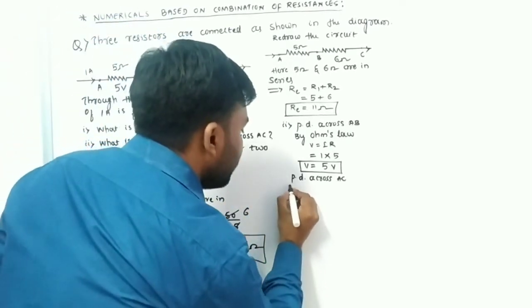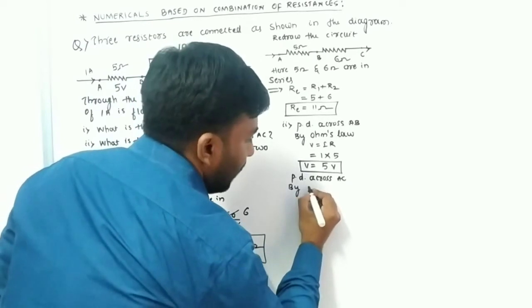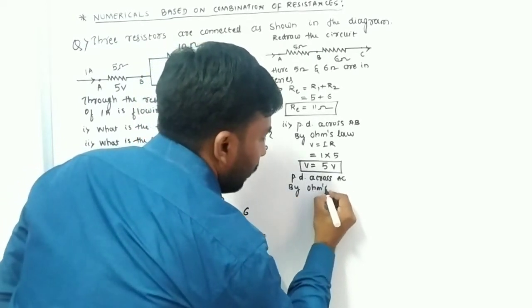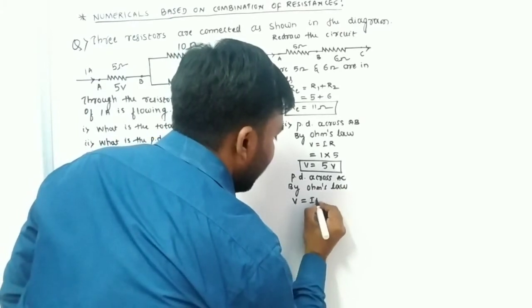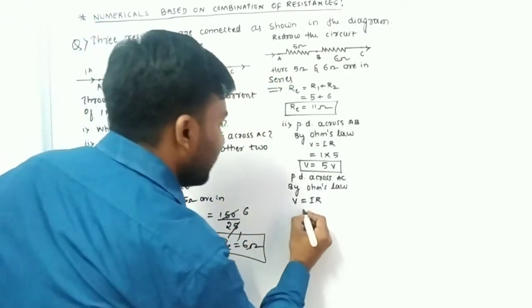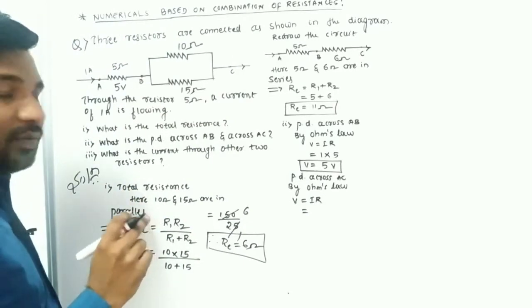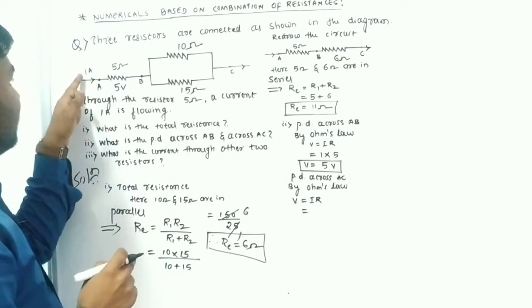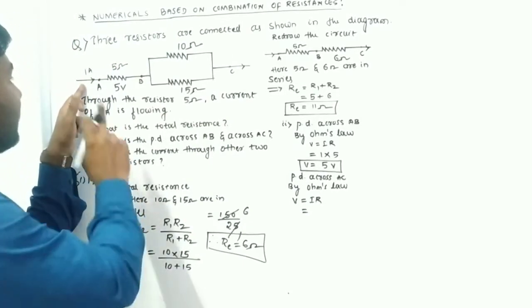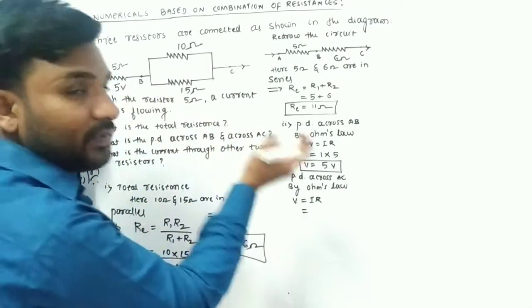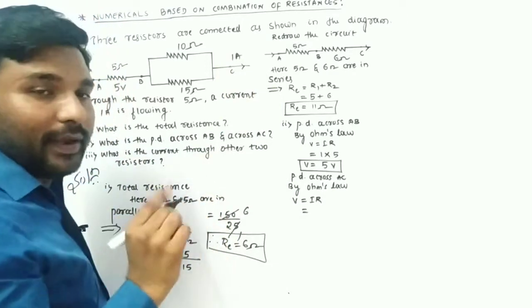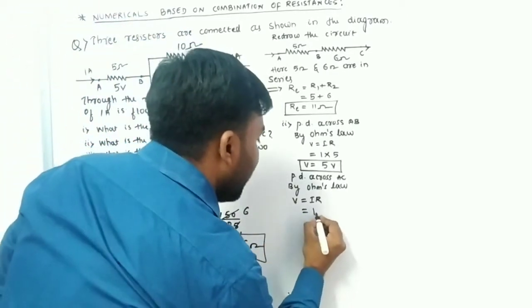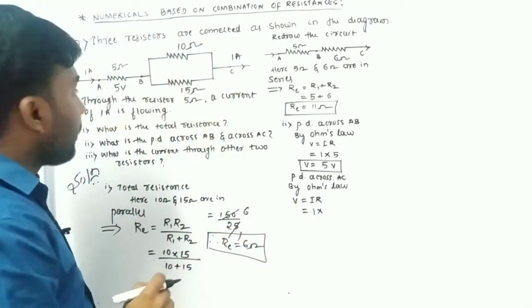So by Ohm's law, V is equal to I into R. What is the current going to flow? See here, they have mentioned 1 ampere. It means the current going to flow from A to C is only 1 ampere.